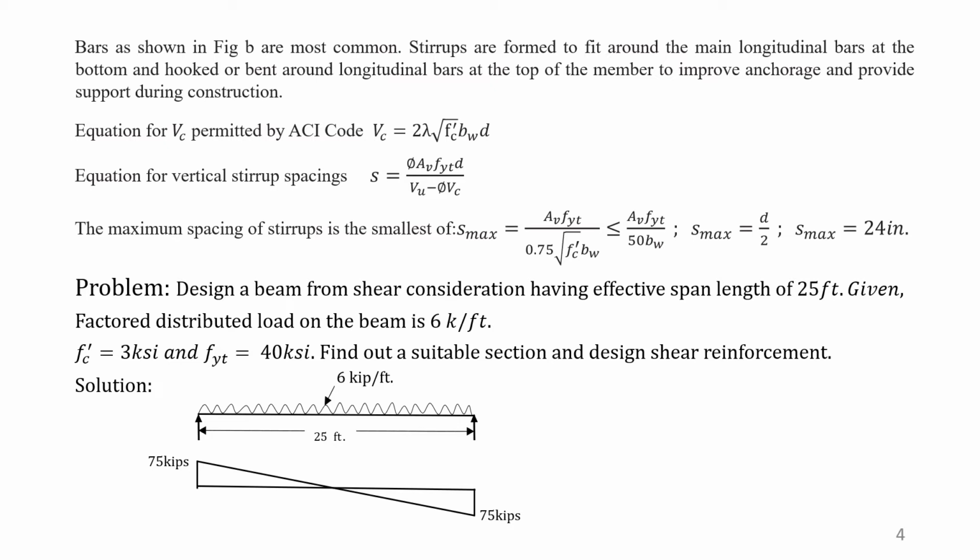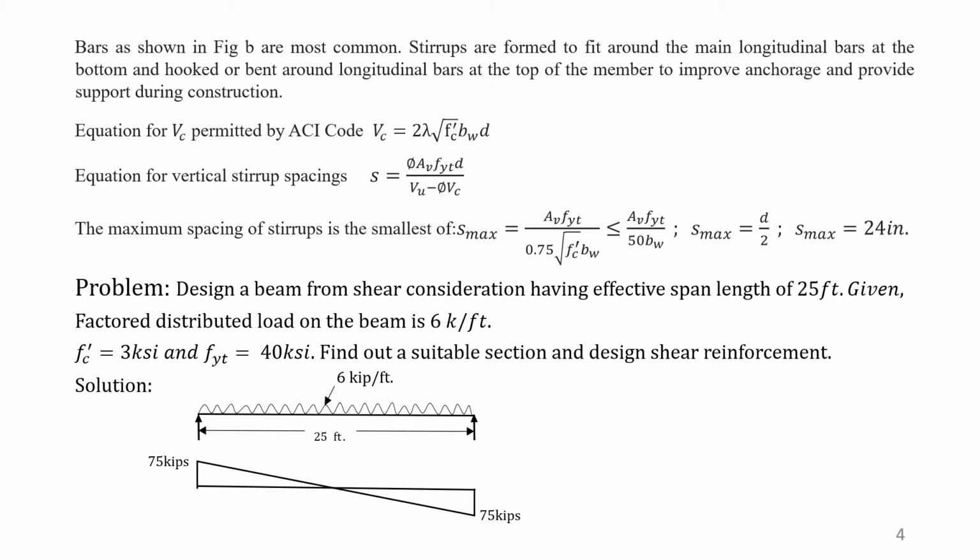The VU we will be calculating from the beam longitudinal section, that is the shear diagram, and phi is again the reduction factor, and VC is the shear strength of concrete.